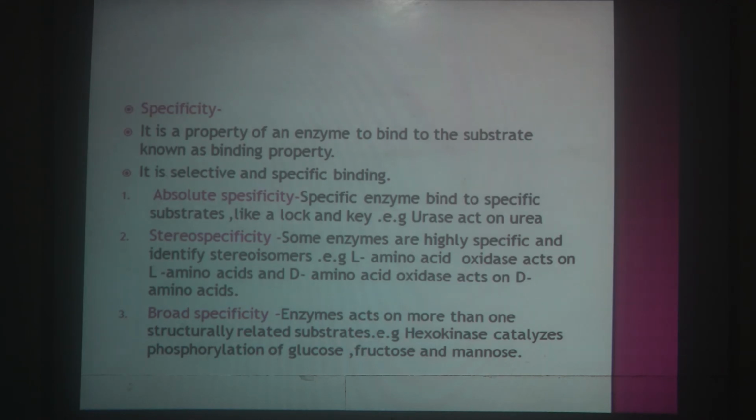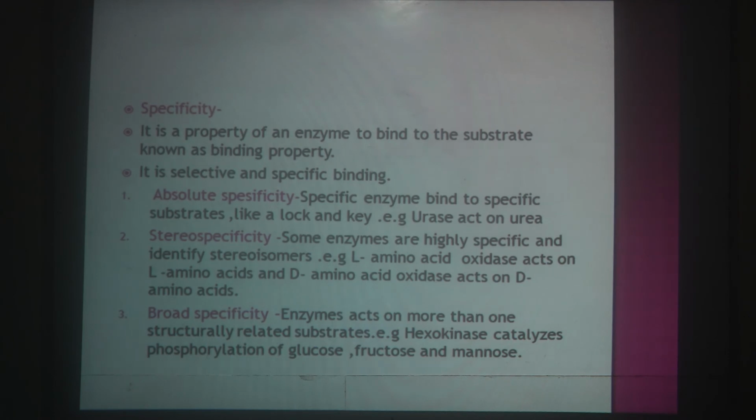Some enzymes are highly specific and identify stereoisomers, that is the L and D forms. For example, L-amino acid oxidase acts on L-amino acids only, and D-amino acid oxidase acts only on D-amino acids.